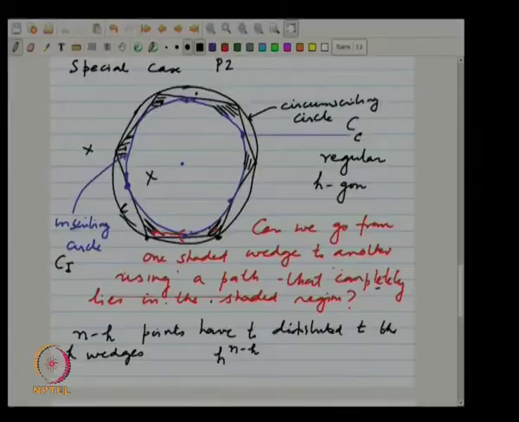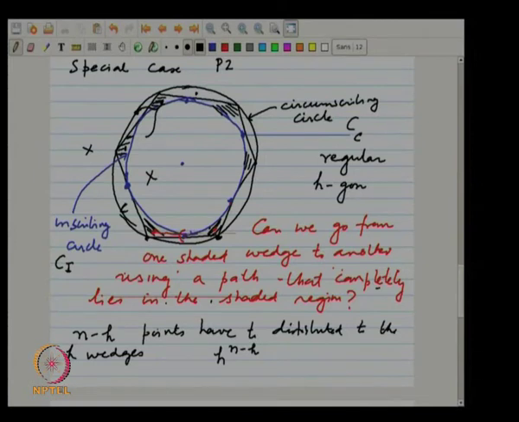And I claim that the number of connected components is h to the power n minus h. Why? Because to go from any yes instance to another yes instance, you have to necessarily go through a no instance. There is no path that connects two wedges without going outside of the solution. I have to either cross inside or I have to go outside. So, I cannot draw a path in that region where I travel from this point to this point without crossing some kind of separating boundary, which is a no solution.